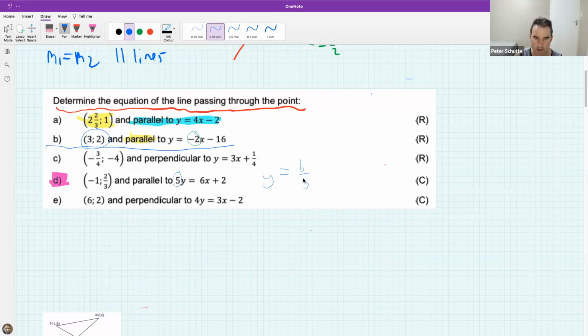So I get 6/5x plus 2/5. Now, that is the same line as this. It's just moved the 5 across, and it's put it into what we call standard form, which is very helpful because this stands alone, and this is quite important, that 6/5.